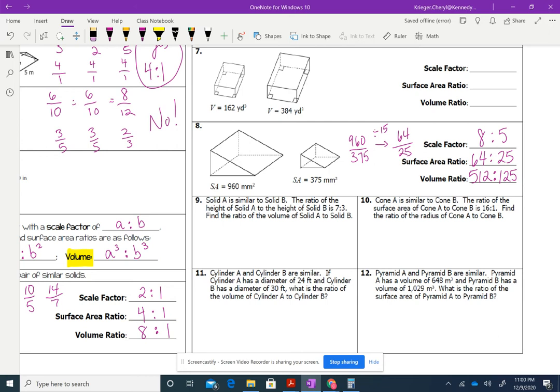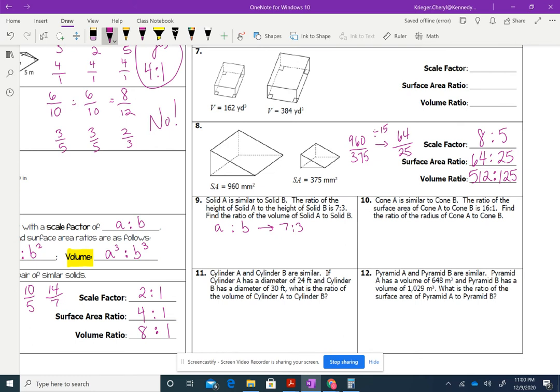Okay. So let's try some of the word problems. Number 9. Solid A is similar to solid B. The ratio of the height of solid A to the height of solid B is 7 to 3. Find the ratio of the volume. Okay. Well, this one's pretty easy. It says A to B is 7 to 3.